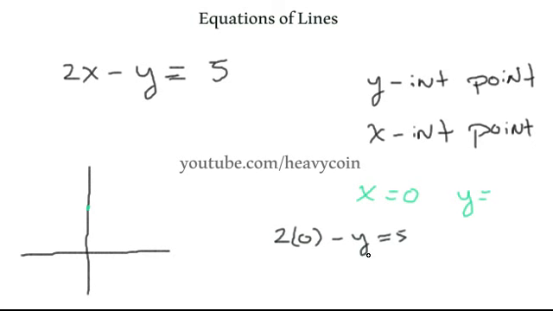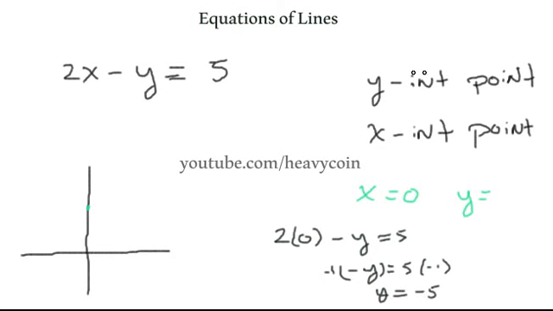Then all we need to do is solve for y. 2 times 0 is 0, and 0 minus y is negative y, which is equal to 5. We just multiply negative 1 to both sides.